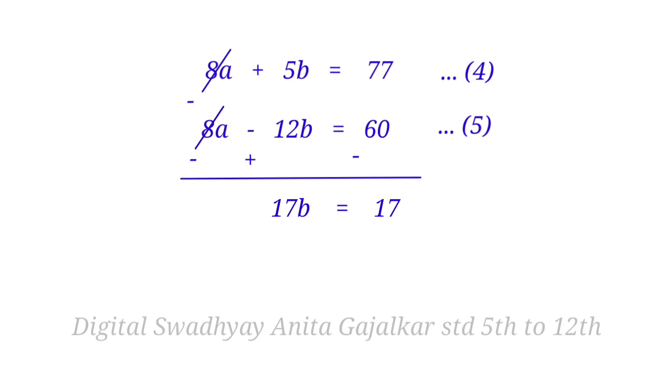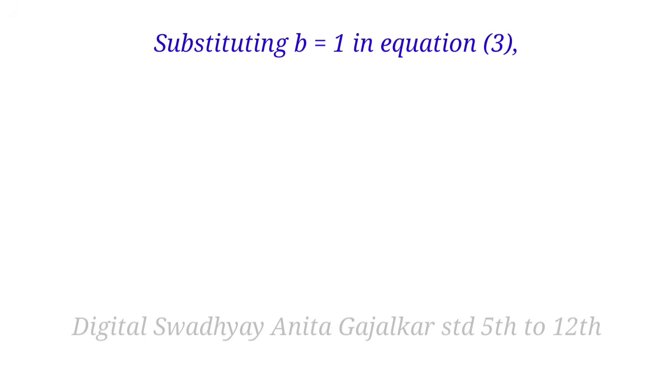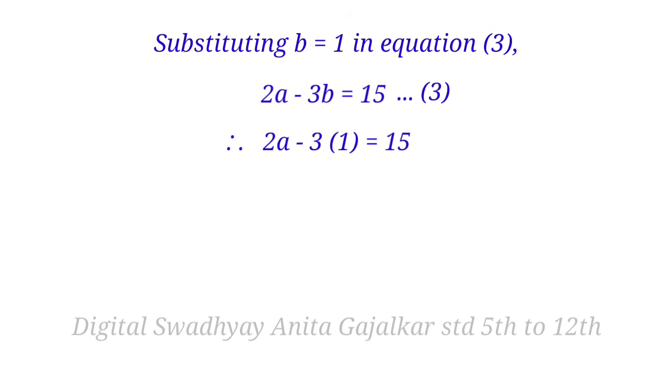17b equal to 17. Therefore, b equal to 17 by 17 equal to 1. Substituting b equal to 1 in equation 3. Equation 3 is 2a minus 3b equal to 15. Therefore, 2a minus 3 into 1 equal to 15.